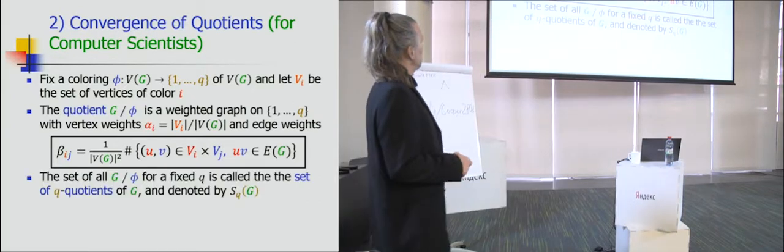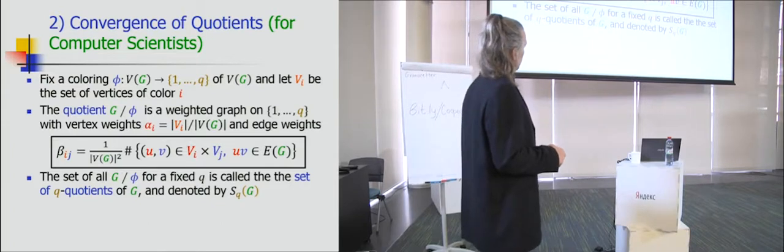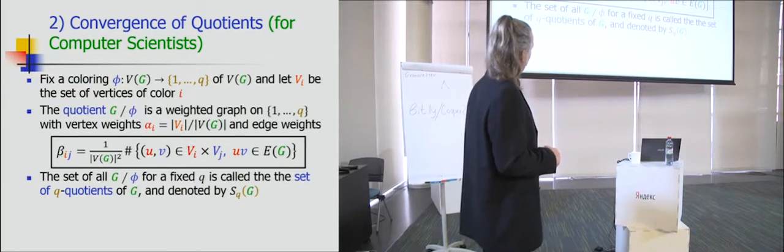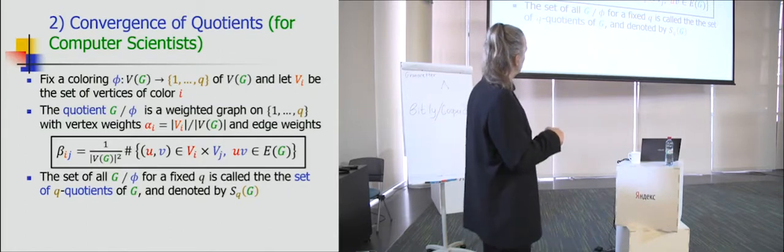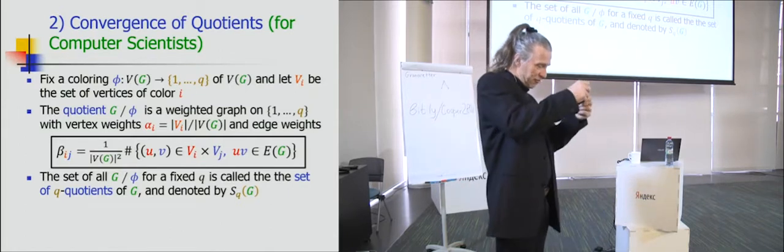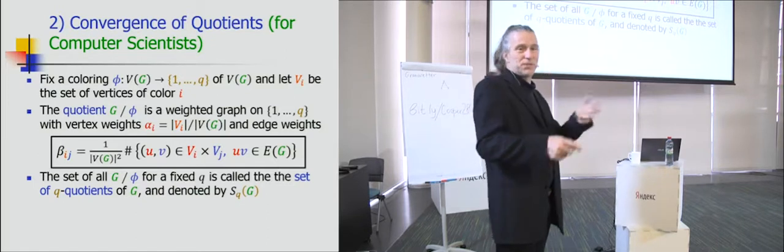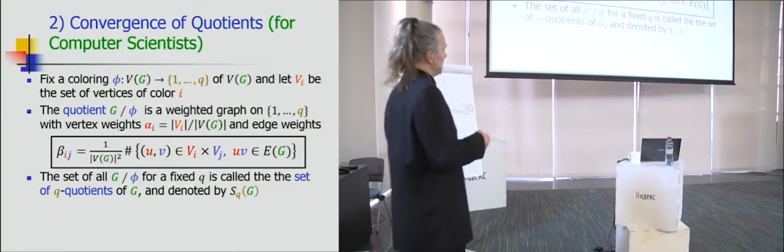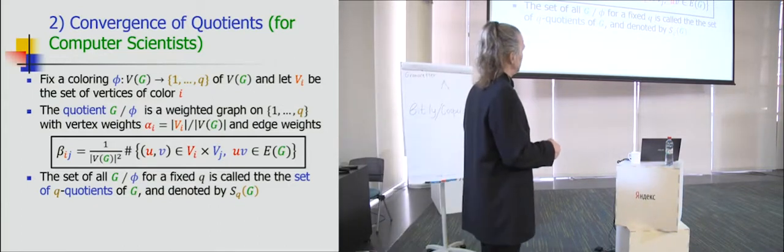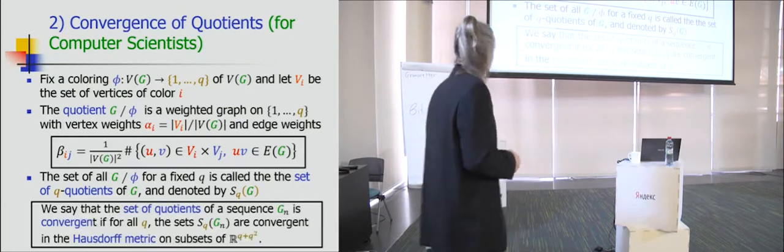And now for a fixed q, a fixed number of colors, you can vary all possible maps, and then you get some image of what the number of edges between red and green could be depending on how you color. This set of all possibilities we call S_q, the set of q-quotients.